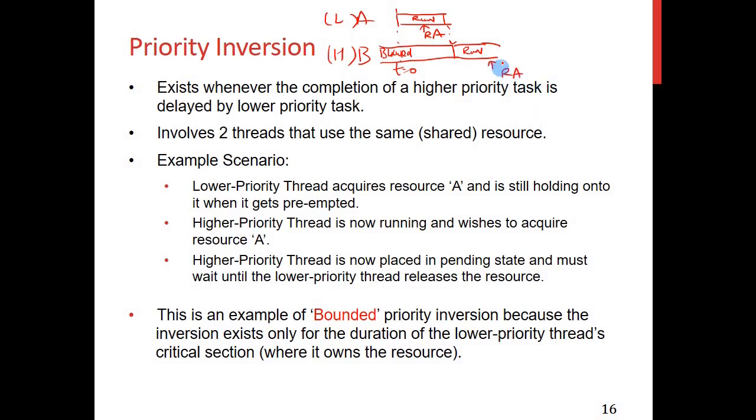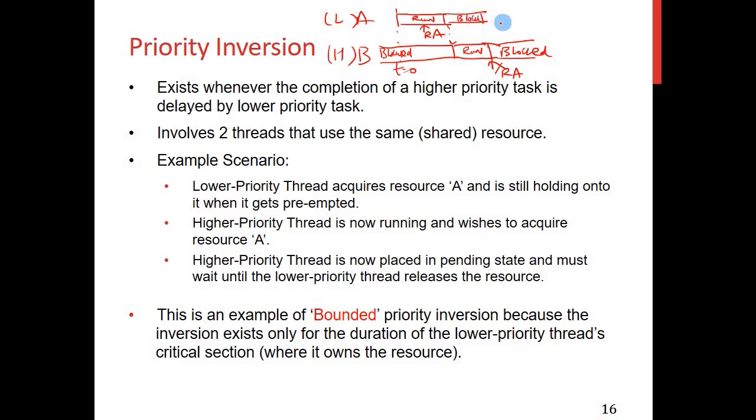It would be blocked. This wouldn't be allowed, it will go to a block state. From here onwards, you will be in a block state. And once it goes to a block state, what does it mean? That means it needs to wait until task A resumes. So from here to here, task B was blocked.